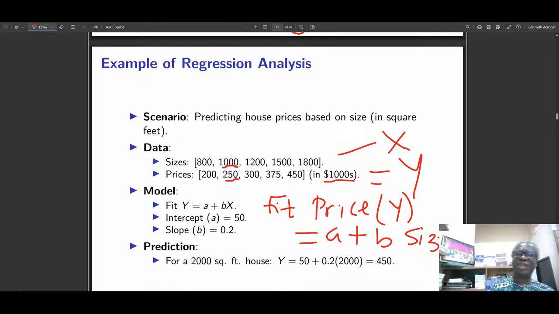So in other words, give me the size. If I know A and B, then I can predict the price of the house.